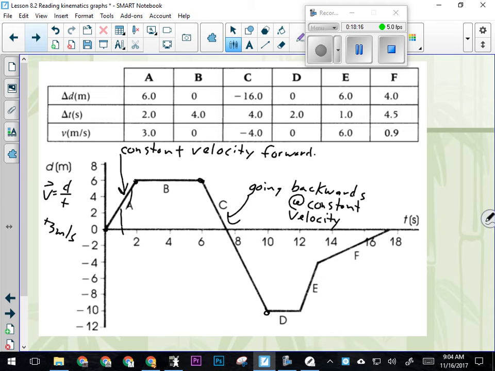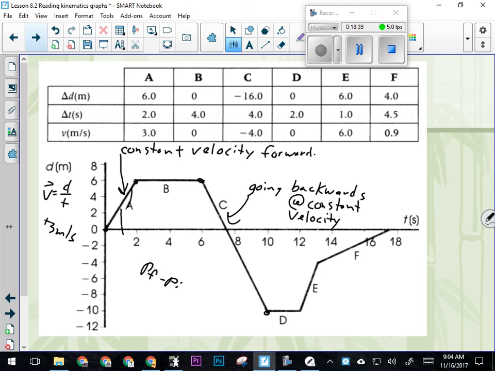Okay. In part C, what's my displacement in part C? Okay, negative 16 meters, right? Because again, we want to go final position minus initial position. So that's negative 10 minus positive 6. So that's negative 16.